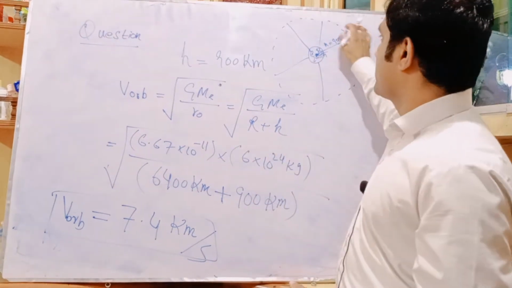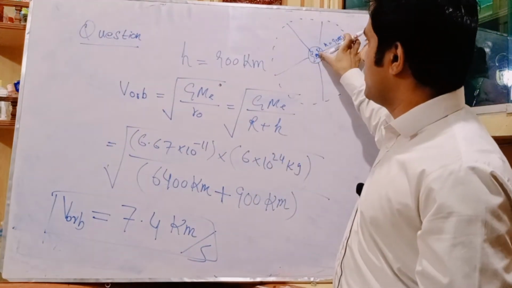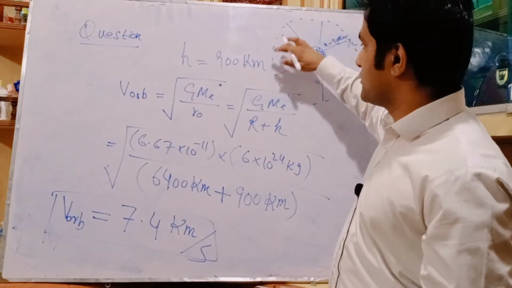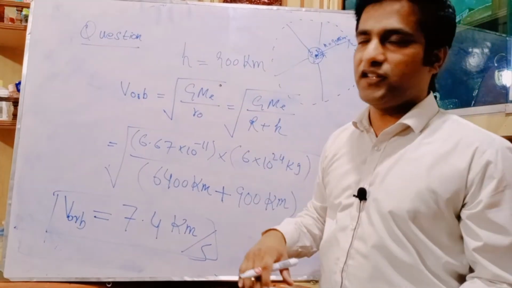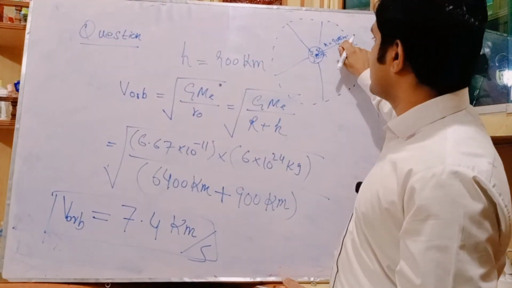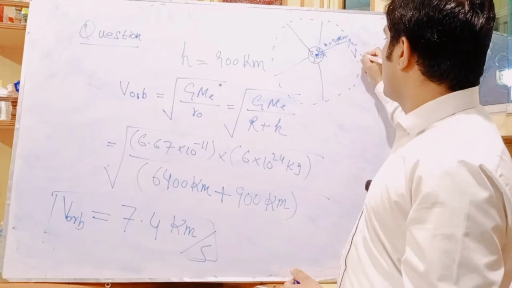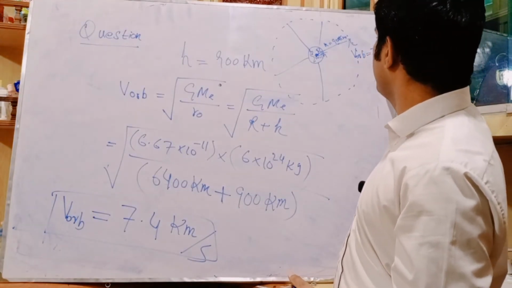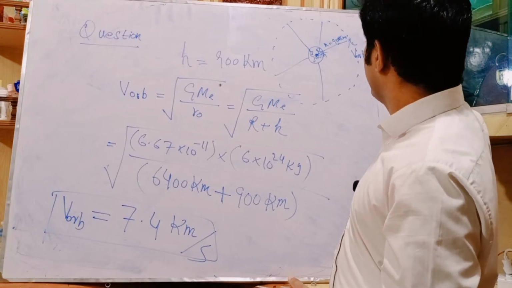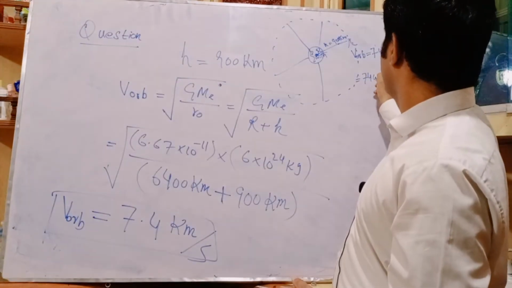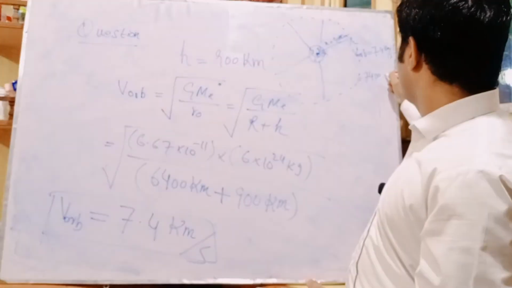The satellite has a constant speed and a constant radius, and the speed with which it is revolving around the Earth is called orbital velocity. In this case, if it is 900 kilometers away, the orbital velocity will be 7.4 kilometer per second. It would be around 7,400 meters per second.